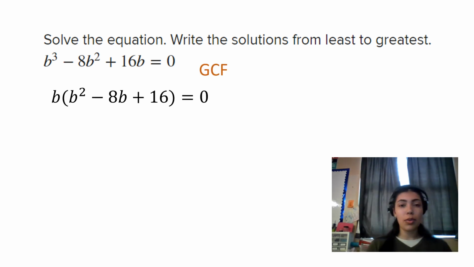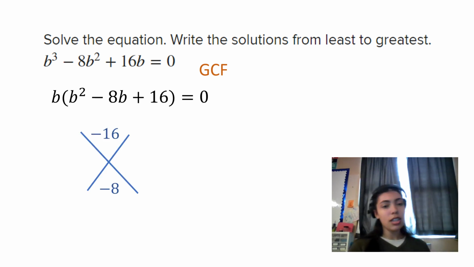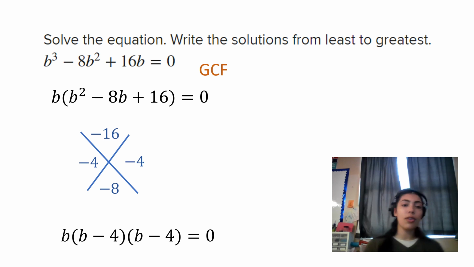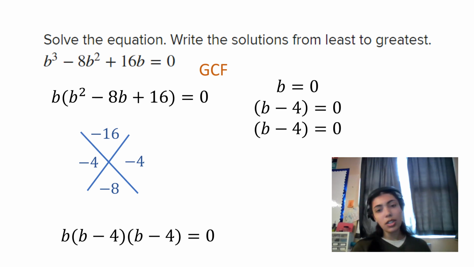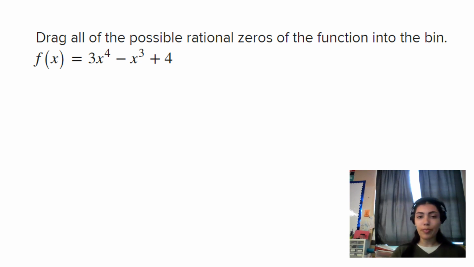Okay, so we're finding the greatest common factor here. So we're going to factor it. Negative 16 is 8. You get negative 4, negative 4. So you have b times b minus 4 times b minus 4 equals 0. So you plug those in separately to 0, and you get b equals 0 and b equals 4.